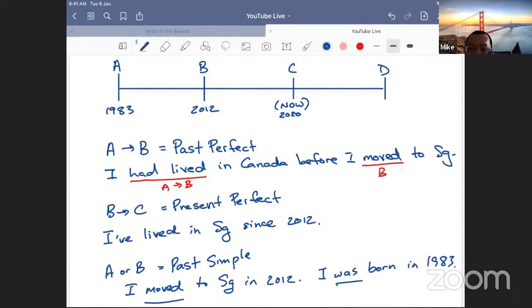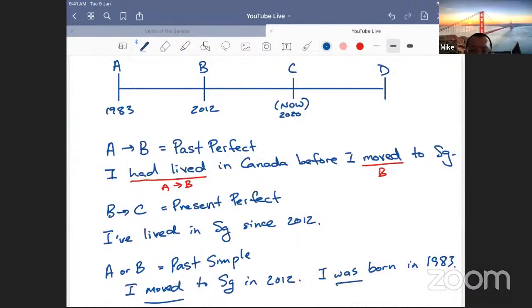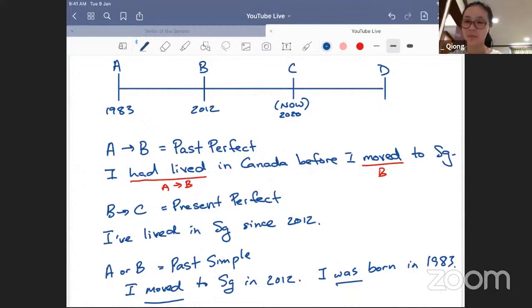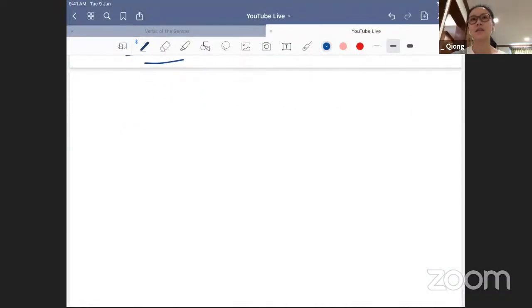Yeah, I think my question doesn't make sense, because I tried to put the three tenses on one timeline: the past simple, past perfect, and past continuous. Because I learned, for example, okay, I'll give you an example.